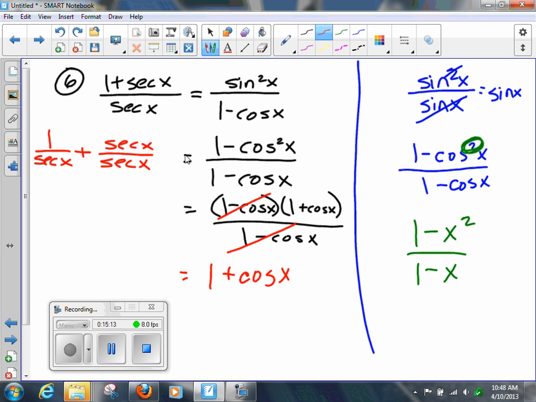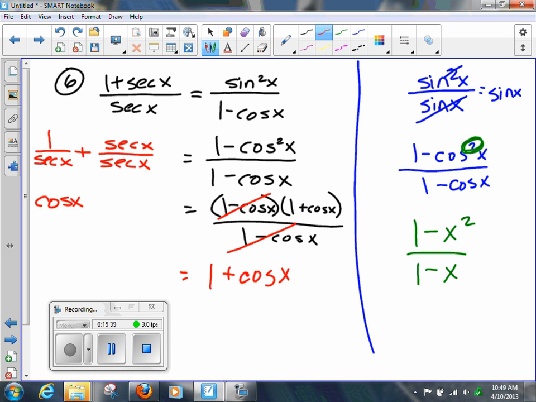Now, back to this left side. What's going on here? What's 1 over secant? Luke told me this in this class. I said I just can't do it, and he said, well, it's just cosine.